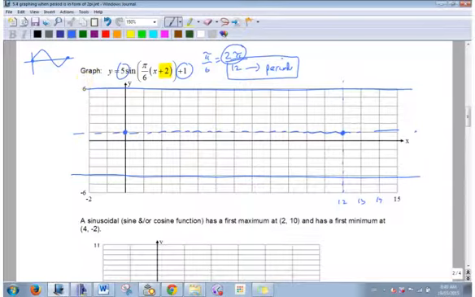Okay, halfway in between, it's back there again. So 1, 2, 3, 4, 5, 6. Halfway in between there, I got a max. Halfway in between there, I got a min. So that, what I graphed there is this.